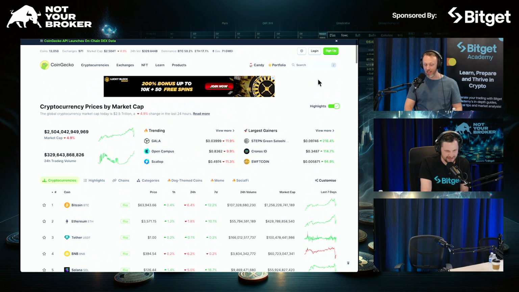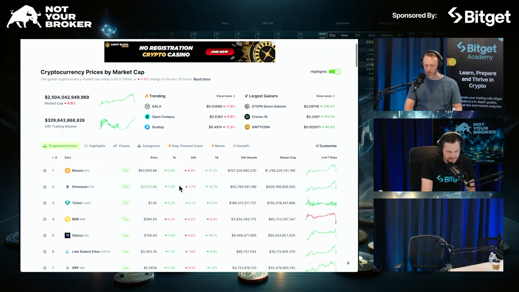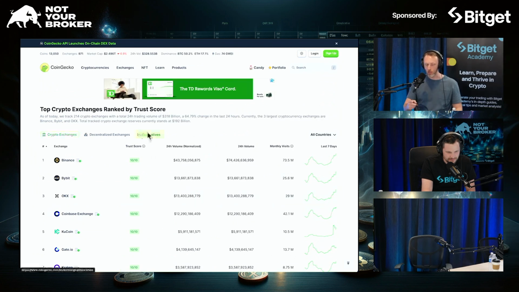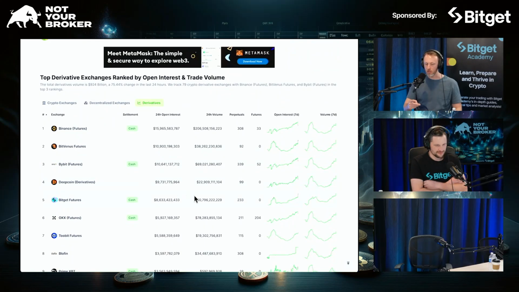Bitget has 35 billion in volume over the last, I think, 24 hours, or that can't be. Maybe it is 24 hours. 175 for Binance. So if you just look at that ratio to size up valuation for Bitget versus Binance, it's a pretty massive discrepancy.